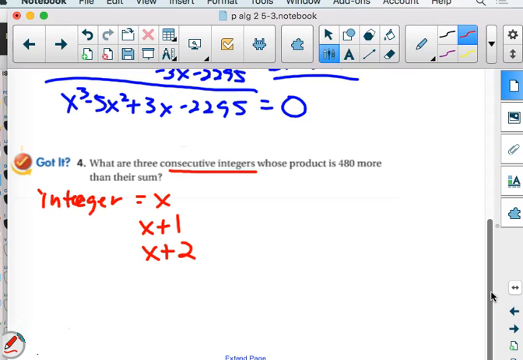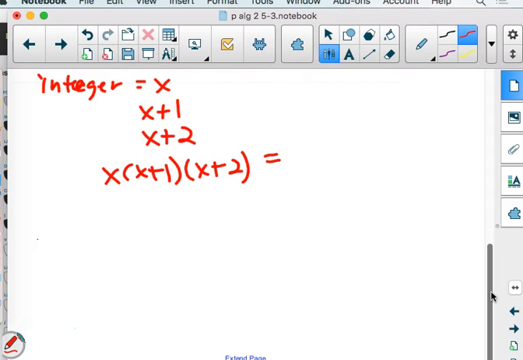What's product mean again? Finding a product. What is it? Multiplying. So x times x plus 1 times x plus 2 is 480 more than their sum. What sum? Add them all up. And then, like it said, you're going to need an additional 480 on there because the product is more than the sum.